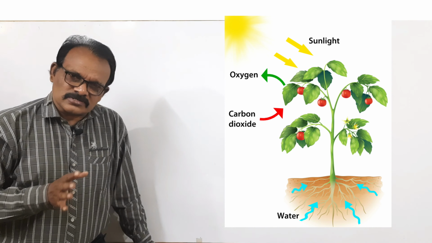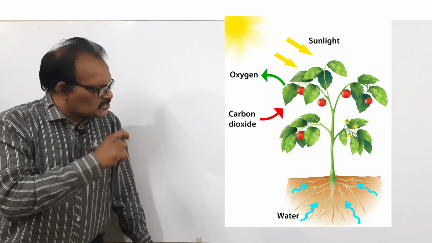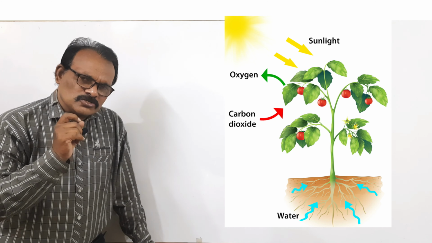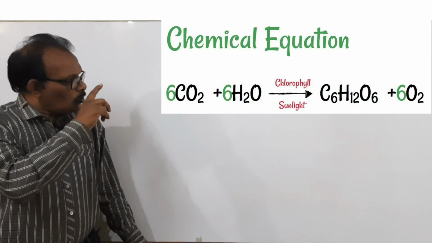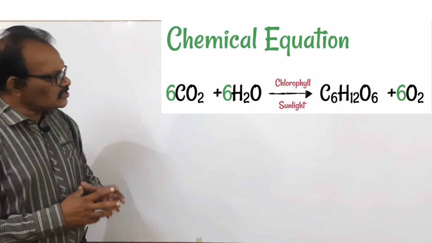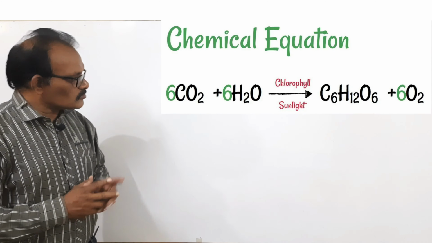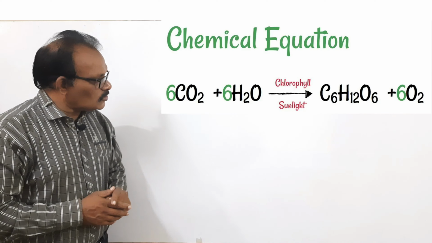So this is photosynthesis. Now at last, there is an equation. Every student should get acquainted with the equation. You see, what are the raw things? This is the chemical equation for photosynthesis. What is required? They take in carbon dioxide and water. With that, a reaction goes on.